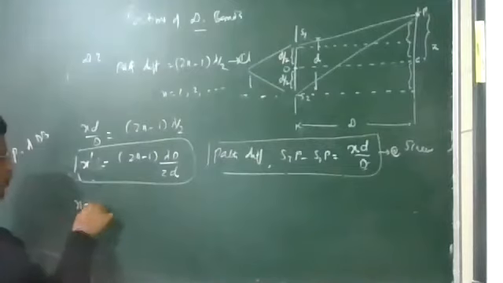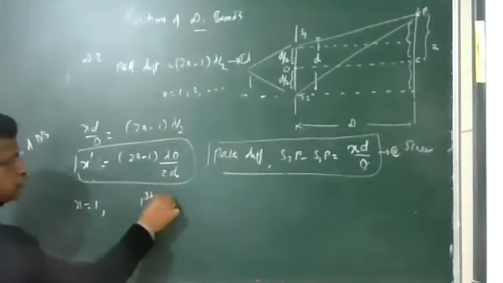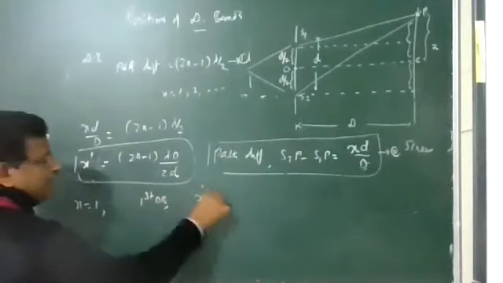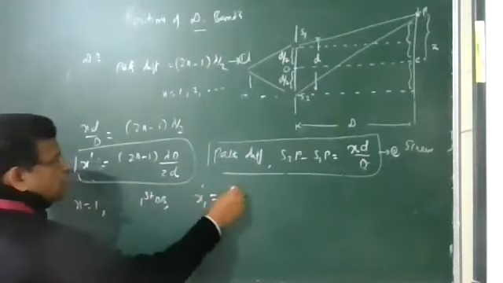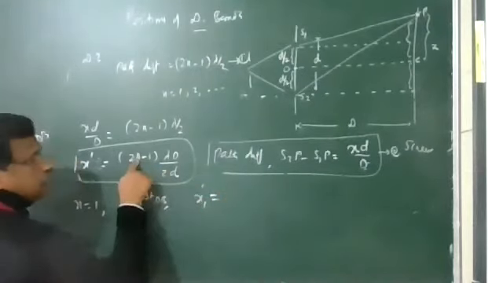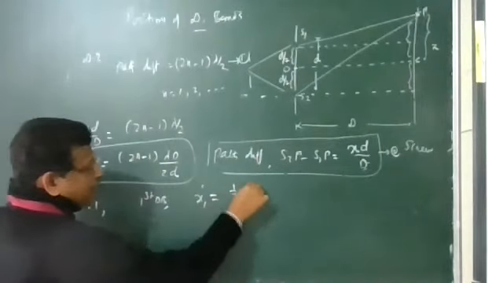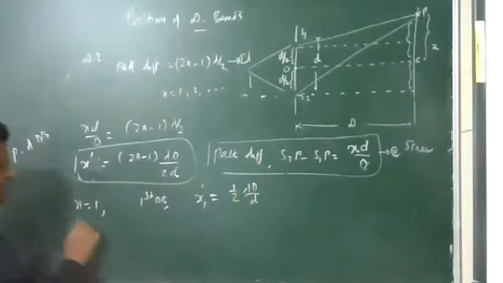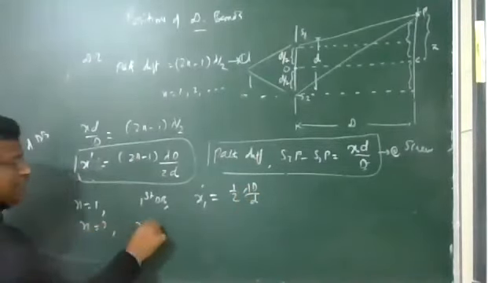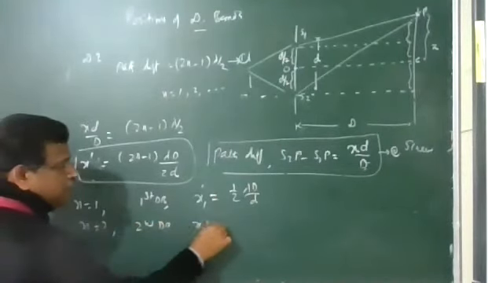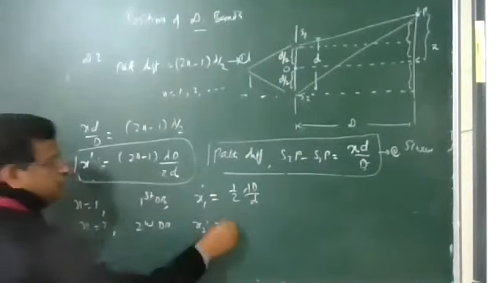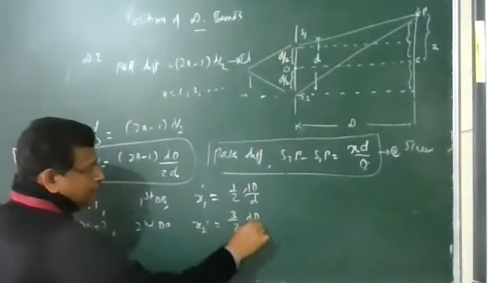When I put n equal to 1, you will get the first dark band position, x1 dash. It will be equal to half lambda D by d. When n equals 2, we get the second dark band, so x2 dash is equal to (2 times 2 minus 1) 3 by 2 lambda D by d.